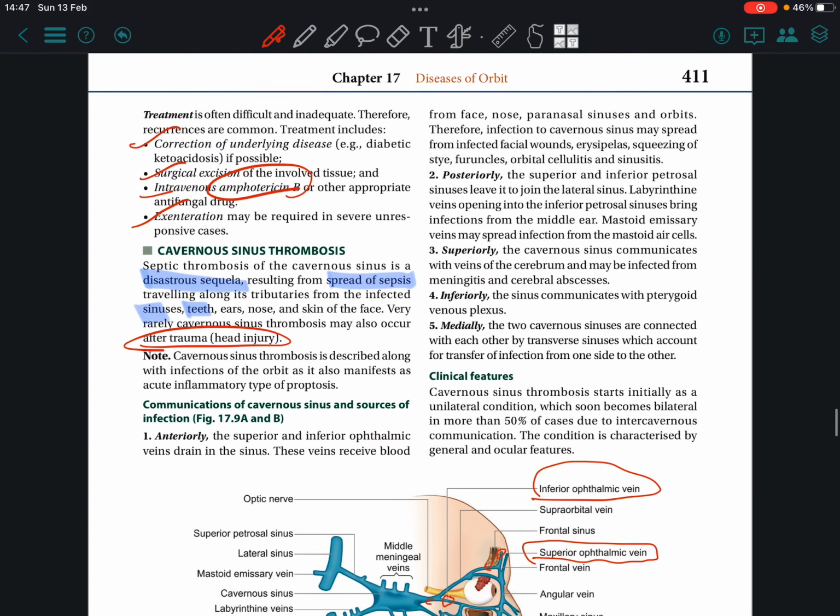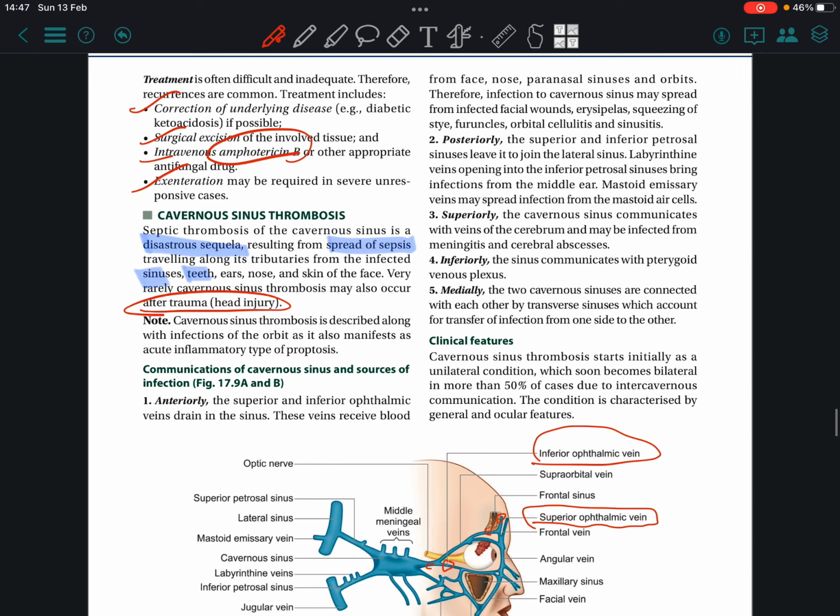These veins receive blood from the face, nose, paranasal sinus, orbits. Therefore, infection of the cavernous sinus may spread from infected facial wounds, erysipelas, squeezing of stye, furuncles, orbital cellulitis and sinusitis.